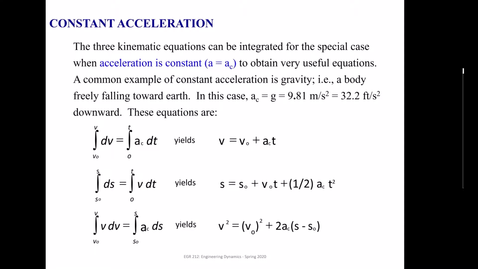Now we can go ahead and simplify this somewhat. If we have constant acceleration, we can perform the integration here. Of course, when we do that, this just simplifies. The right side just is a_c t, and the left-hand side becomes v minus v naught. And then if we just move v naught over to the other side, we have this equation.